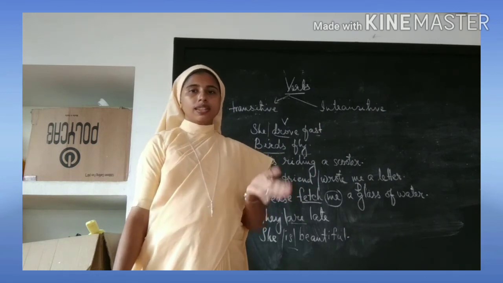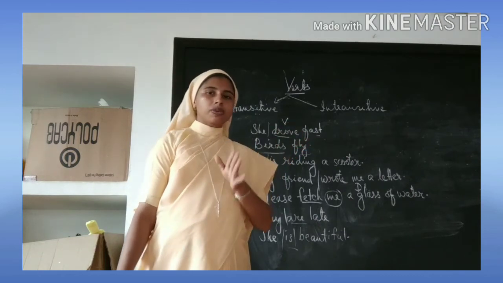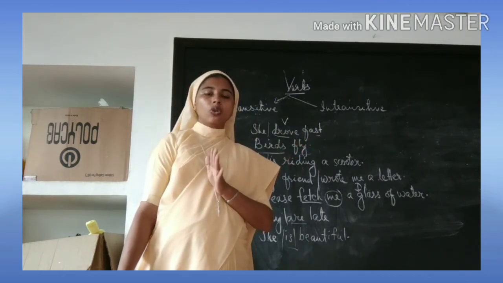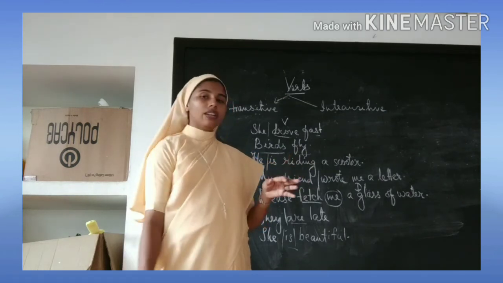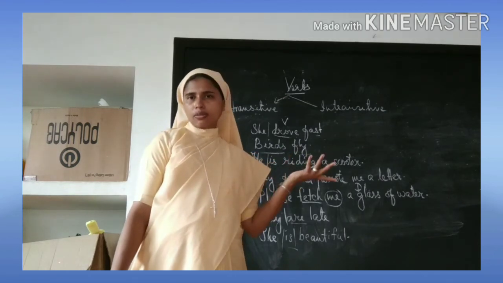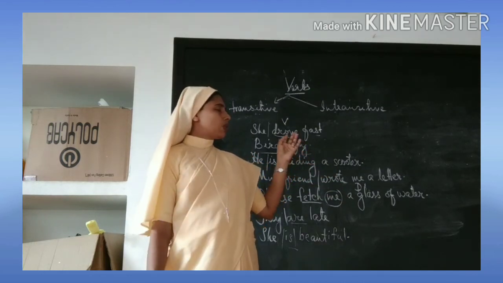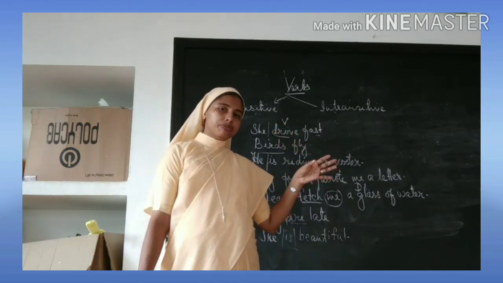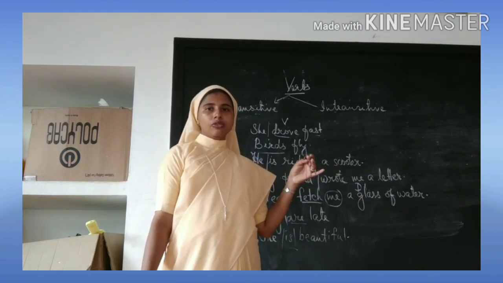Without the object, the sentence is complete. Some verbs remain only intransitive, and we have learned which those are. Also all the be forms of verbs are included in intransitive verbs.